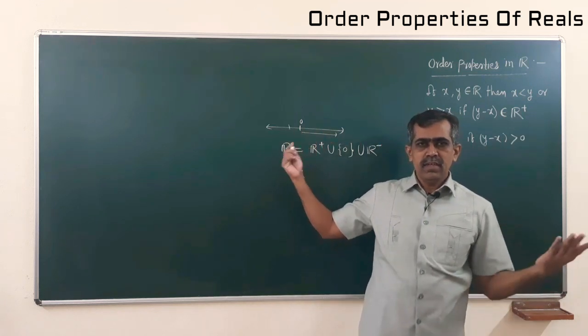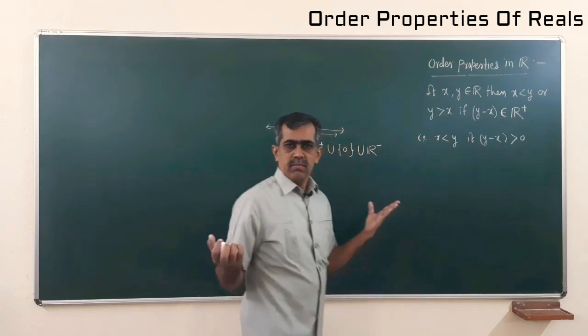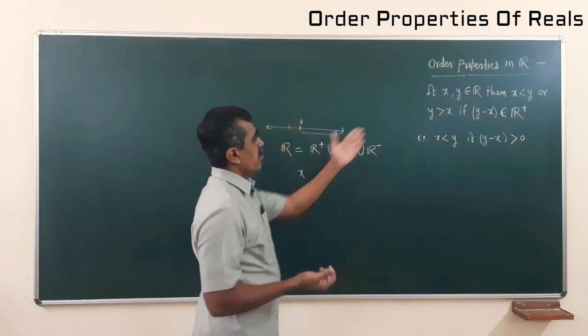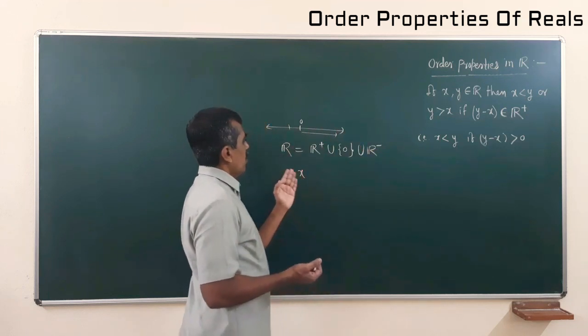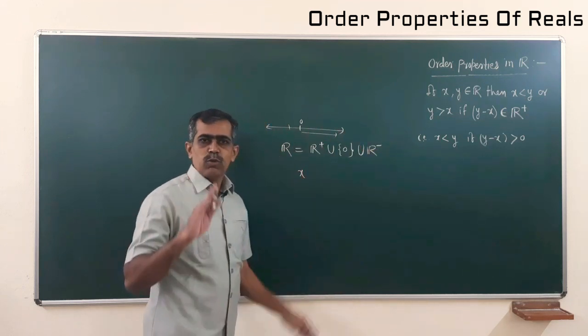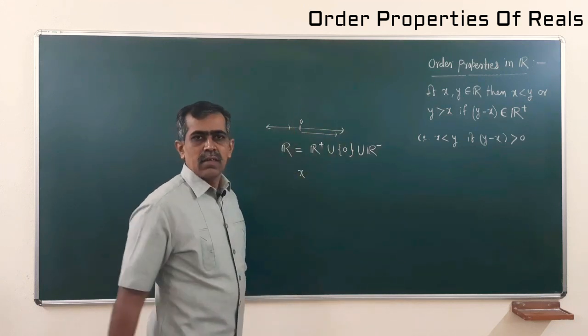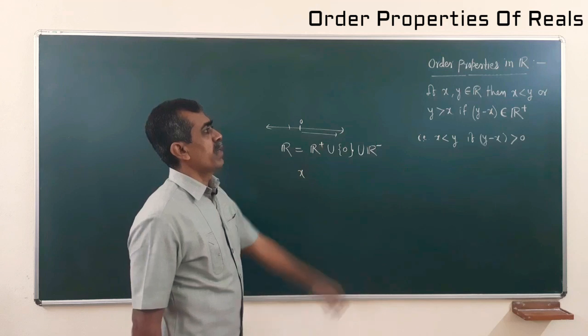We don't know where x and y are, so in order to indicate the position of a number on the real line, this order relation is quite helpful, and that's why it is defined.